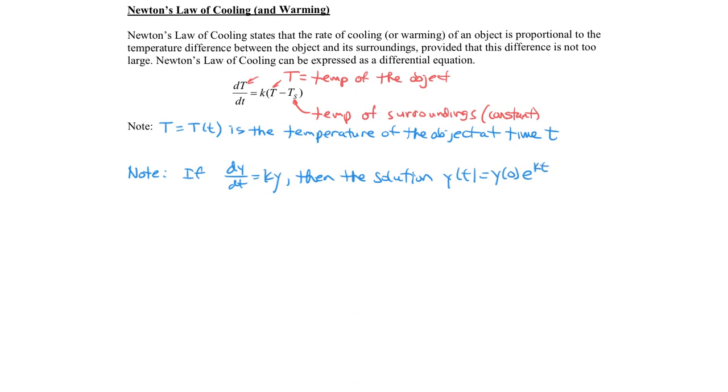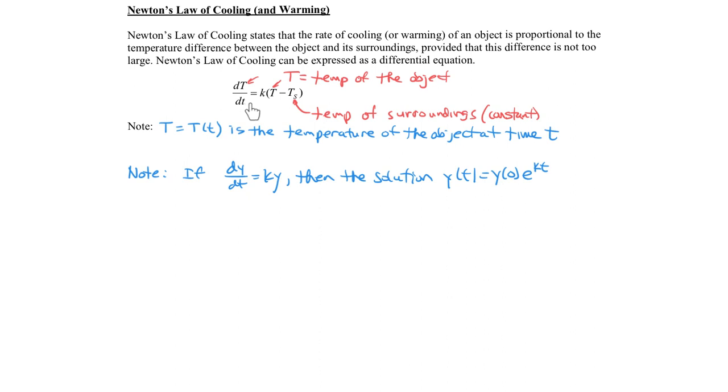So we've been working with this one already in this section. The solution to this differential equation is this. And this differential equation is basically stating that the rate of change of y is proportional to y itself. And those are the types of things we've been working with in 3.8.